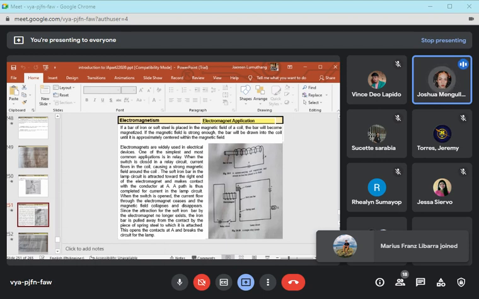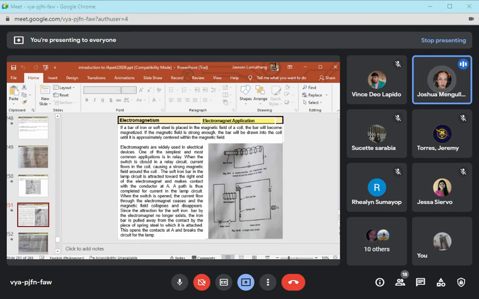Electromagnets are widely used electrical devices. One of the simplest and most common applications is a relay. When the switch is closed in a relay circuit, current flows in the coil, causing a strong magnetic field around the coil. The soft iron bar in the lamp circuit is attracted towards the right end of the electromagnet and makes contact with the conductor at A. A path is thus completed for the current in the lamp circuit.